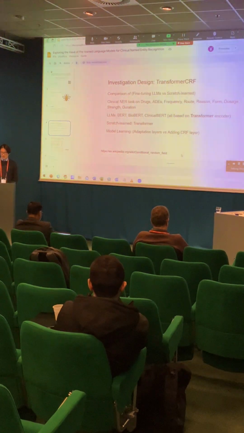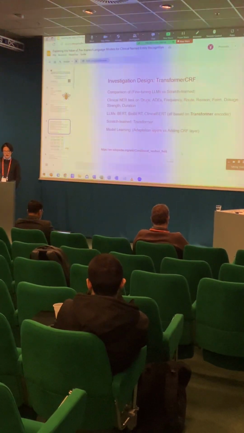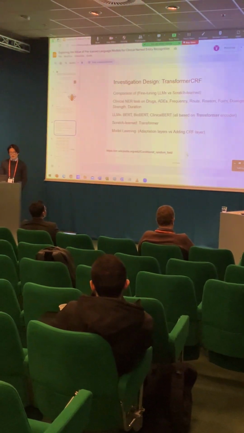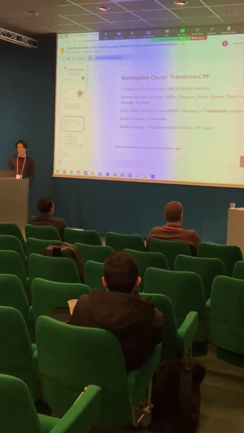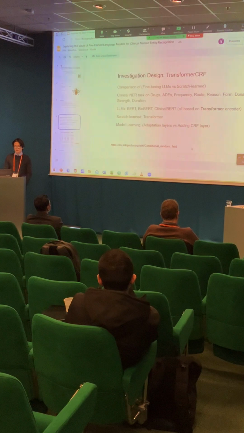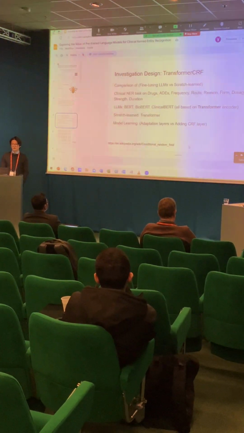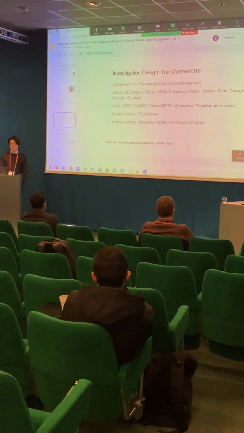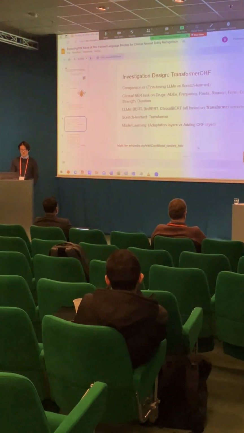In this project, we compared LLMs and transformer from scratch. LLMs including BERT, which everyone uses, BioBERT, which is related to the clinical domain because it is biomedical, and then ClinicalBERT, which is an in-domain pre-trained foundation model.